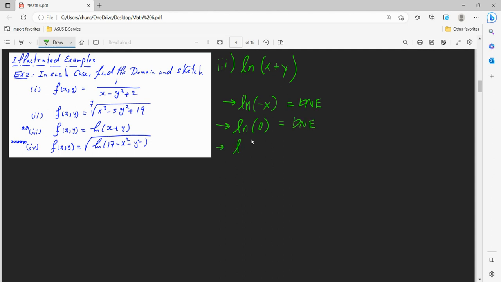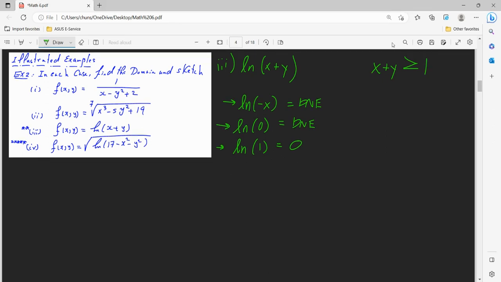So the smallest value we can use is 1, which will give us 0. So we want whatever is inside those brackets to be greater than or equal to 1. So x plus y is greater than or equal to 1.